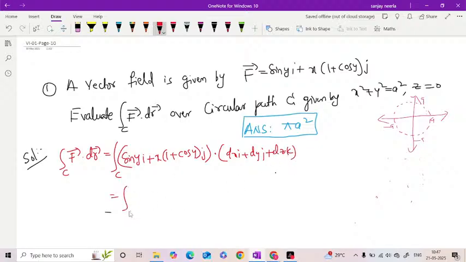It is equal to whole integration of sin y dx plus x into 1 plus cos y into dy, the rest 0. Okay, now in the previous problems that was very simple, but how can you solve here?